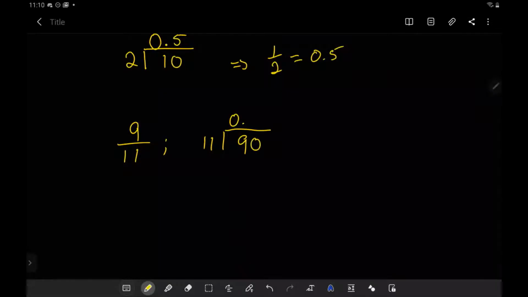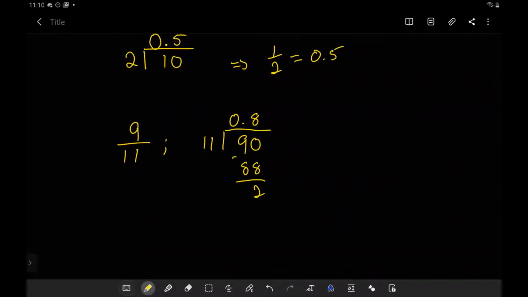11 into 90. Well, it's about 8. 8 times 11 is 88. So we subtract and we get 2. Can 11 go into 2? No, it cannot.